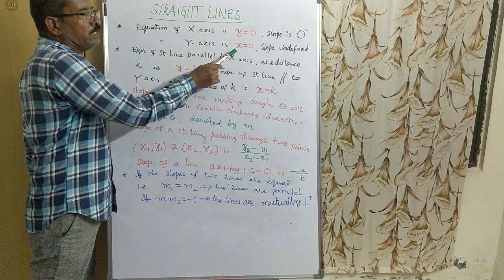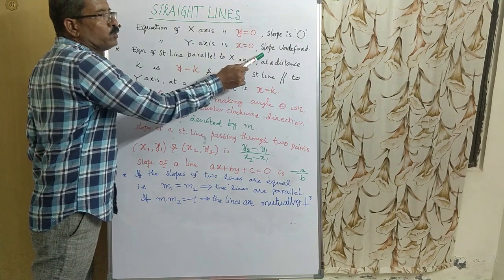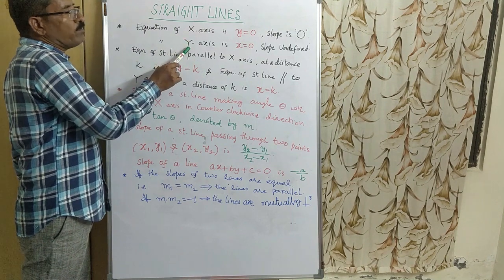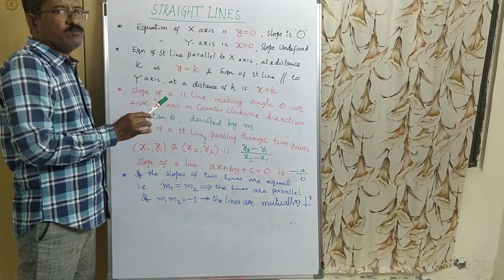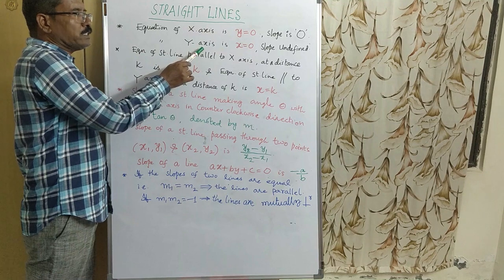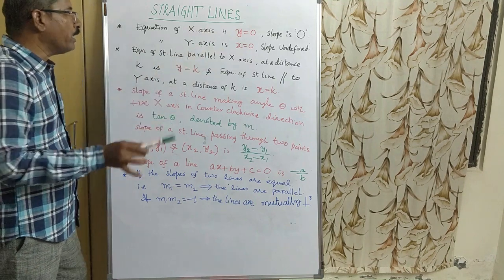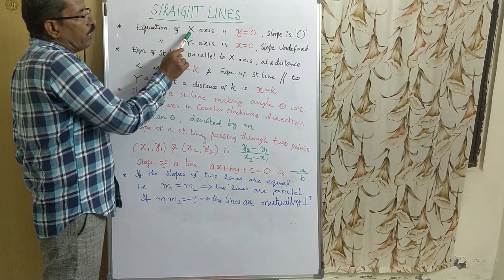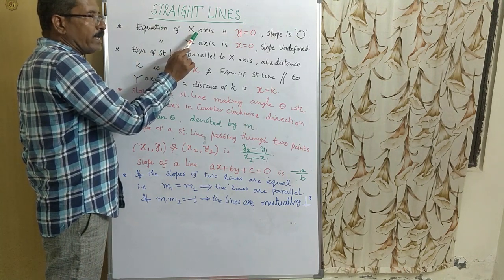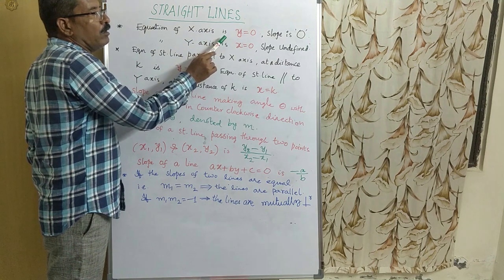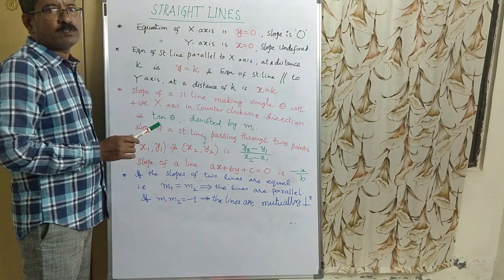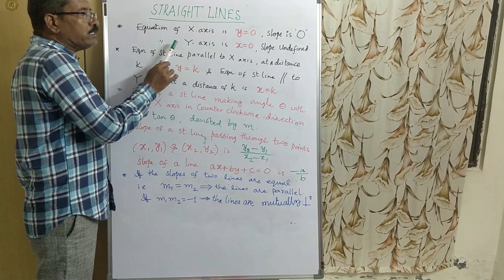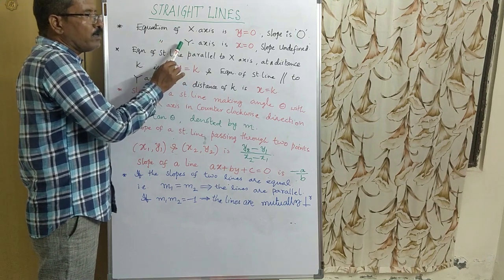So the slope of a vertical line is undefined, and for a line parallel to the y-axis it is also undefined. And one more thing, every point on the x-axis has y-coordinate 0. Every point on the y-axis has abscissa 0, x is equal to 0.